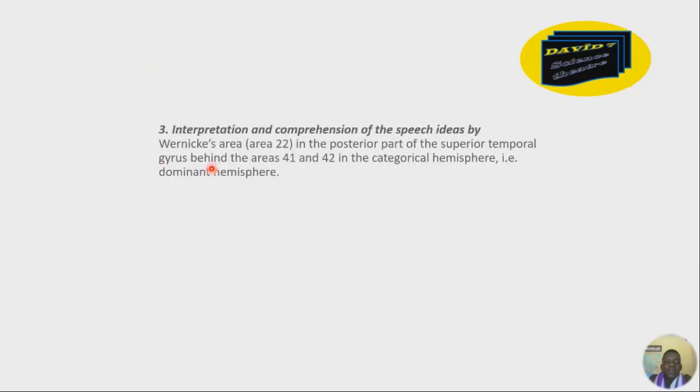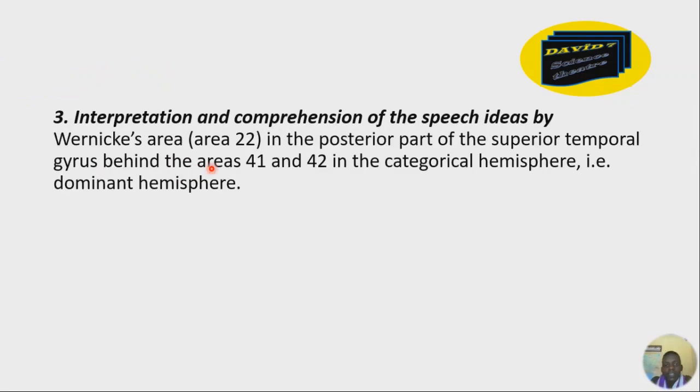The third step in understanding of spoken speech: you must interpret and comprehend speech ideas by the Wernicke area, that is 22, in the posterior part of the superior temporal gyrus, behind areas 41 and 42 in the categorical hemisphere. This is a very good point.